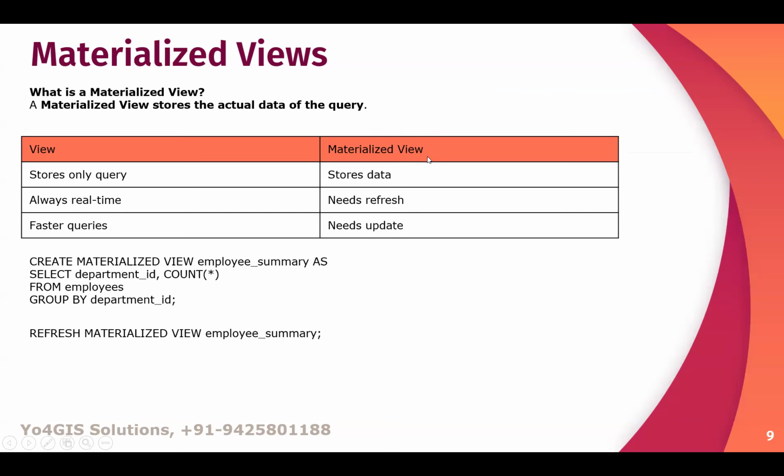But in the materialized view, we need to refresh using the command refresh materialized view. Query is faster in the materialized view, but here also we need to update, then only we will get the updated data. Okay, understood everyone? What is the view? What is the materialized view?